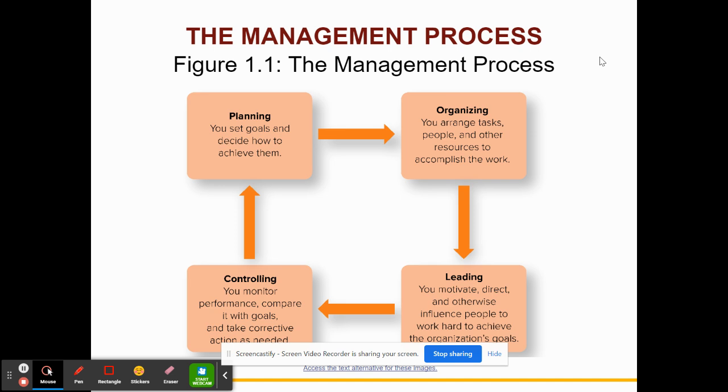Organizing, you arrange tasks, people, and other resources to accomplish the work. Okay, so when we talk about arranging the tasks, we are talking about whatever the project is that needs to get done, arranging how to most efficiently and cost effectively get it done.